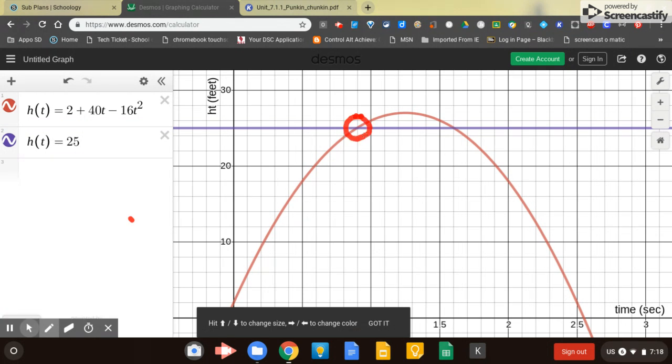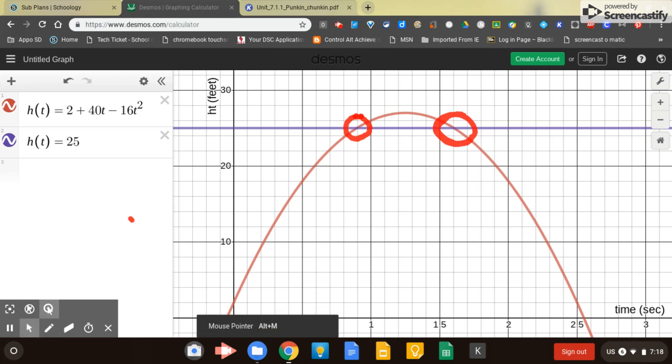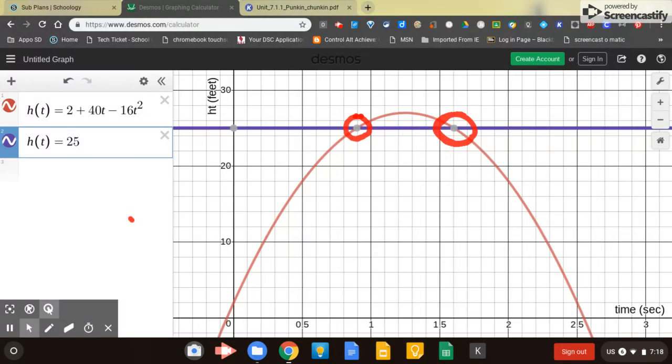Come back over here and I can see that this point is about 0.9 seconds. It reaches 25 feet. This point right here is about 1.6 seconds. It reaches 25 feet. So anytime between that, it's over 25 feet.